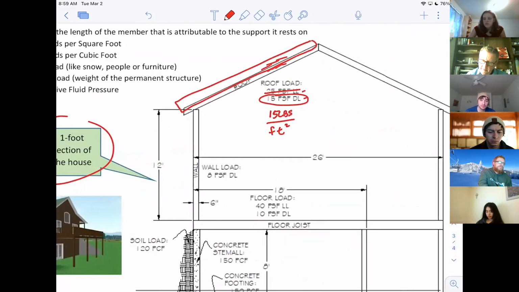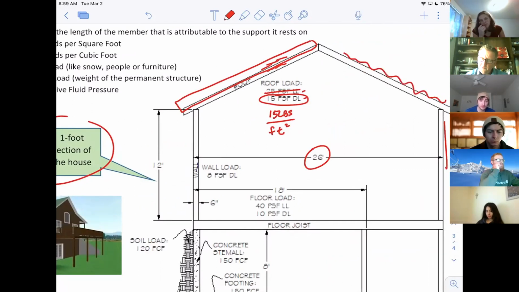Well, notice that number right there tells you the answer to that question. Can you appreciate that this half of the house over here is resting on this wall? So that isn't going to help me. But this half over here, which is 13 feet, that 13 feet is over there. Now, in terms of engineering, you actually are looking at the horizontal version of this, just to keep it simple.